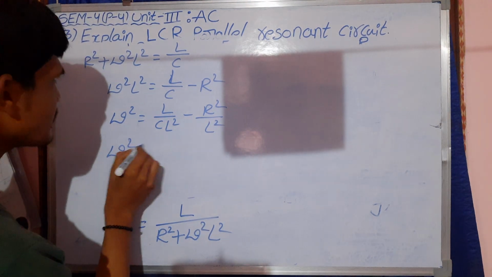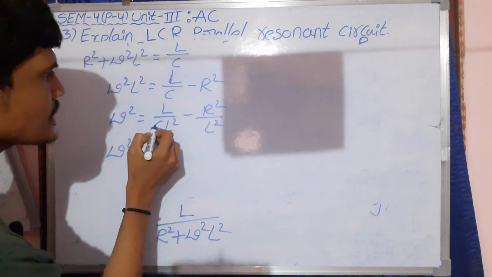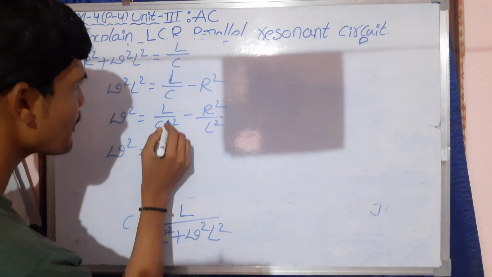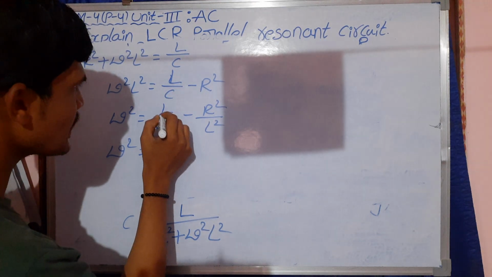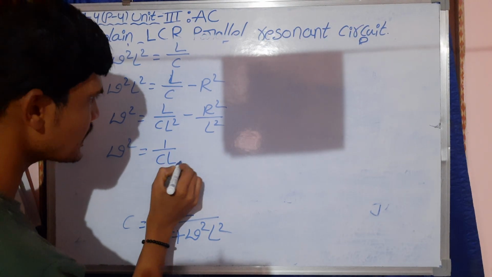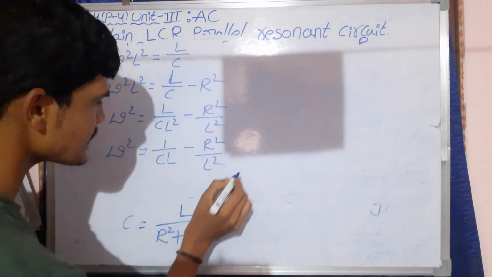L square multiplied on the left side goes to the right side as division, and L cancels, so omega square equals 1 by LC minus R square by L square.